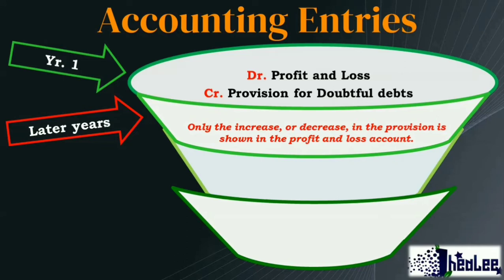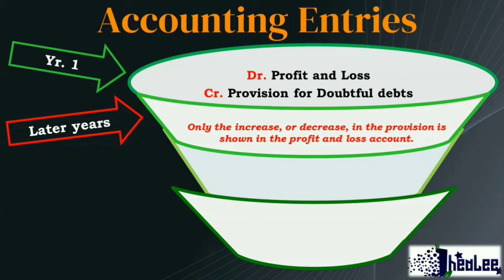So, for example, last year, based on your calculation, provision for doubtful debts amounted to $500. This year, based on your calculation, it amounts to $700. The difference between what it was last year and this year, you would notice that there's an increase of $200.